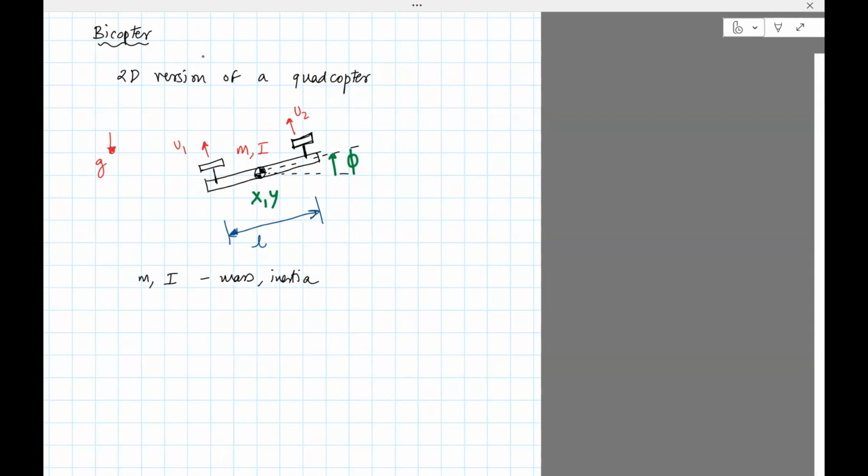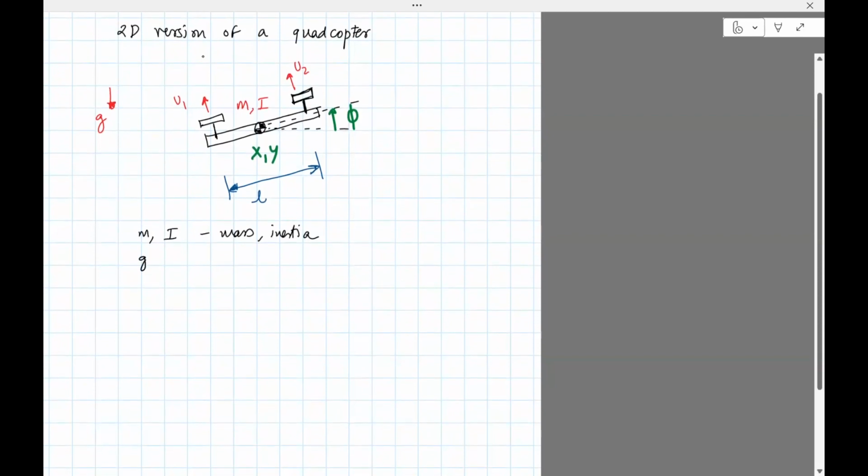Okay, so far what we have described here is m, the mass, I, inertia, g and l. g is gravity, and l is the distance between the propellers. u1, u2 are the thrust forces.